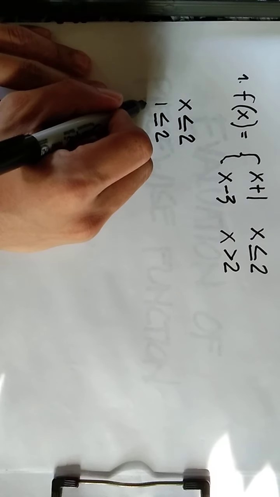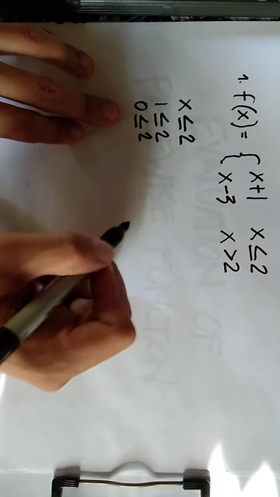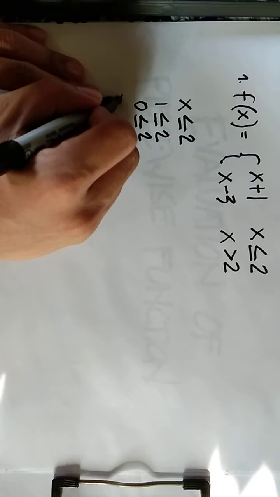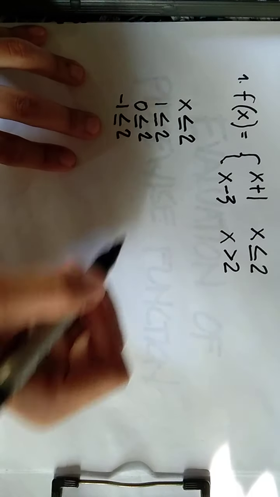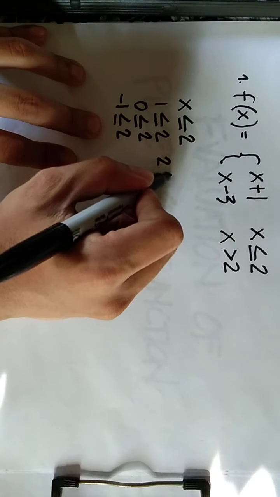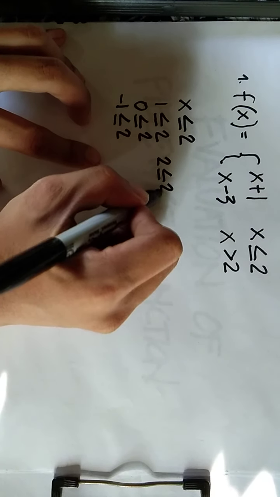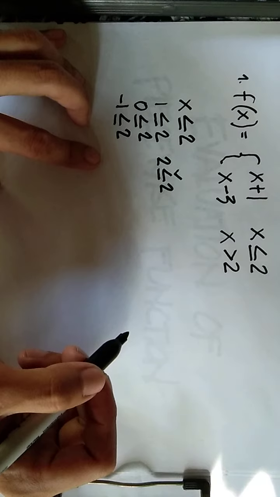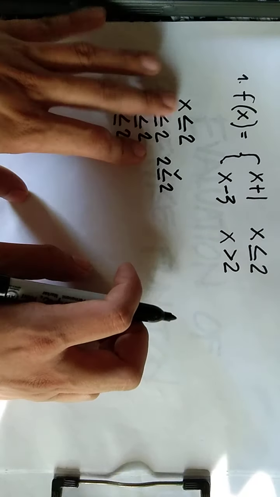Pwede rin natin gamitin ang 0 ay mas maliit sa 2. Pwede rin ang negative 1 ay mas maliit sa 2. And even 2 is less than or equal to 2, which is possible. So, as you can see, yung mga values na assigned dito is yung mas maliit sa 2.